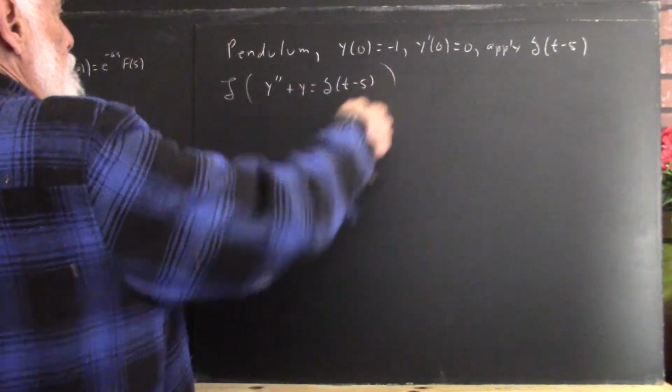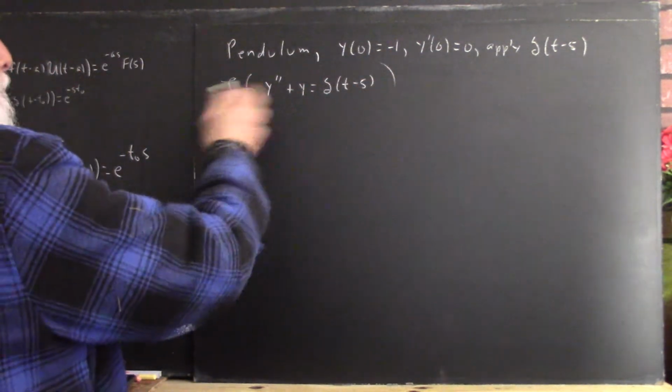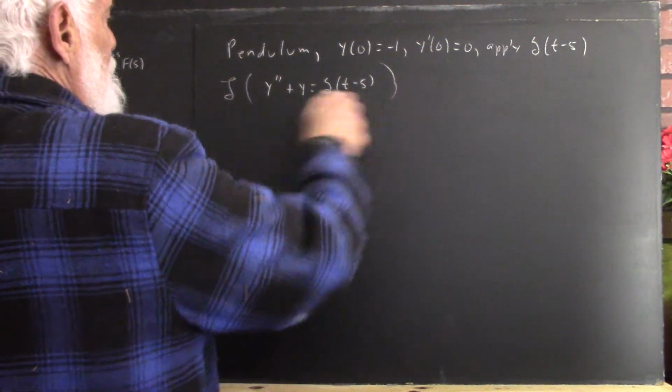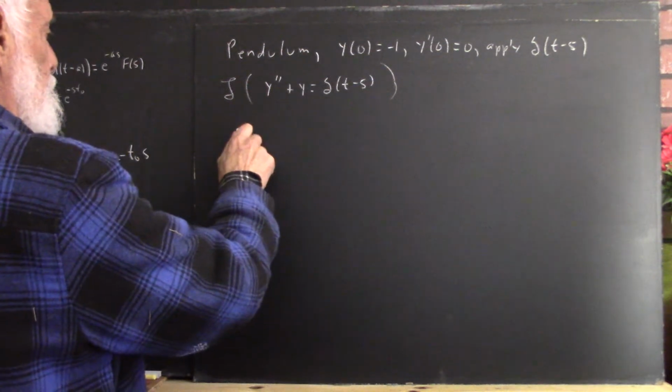We Laplace transform the whole thing, and that's a little sloppy. We apply it to both sides, but I'm just kind of saying we apply it to the whole equation, and I think we understand what that is.